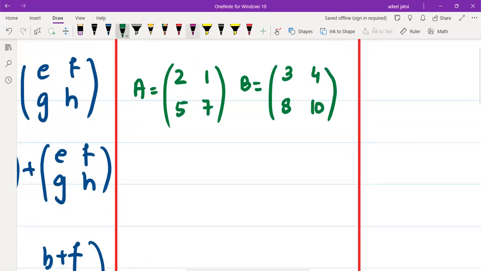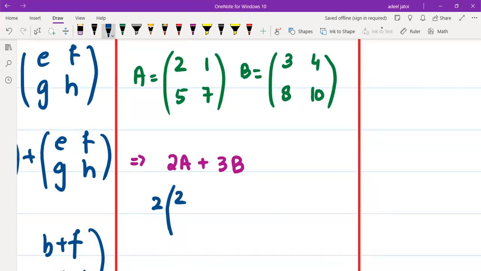In this part, you can be asked to find the value of 2A plus 3B. Find the value of 2A plus 3B. We will be writing down matrix of A in place of A and matrix of B in place of B.